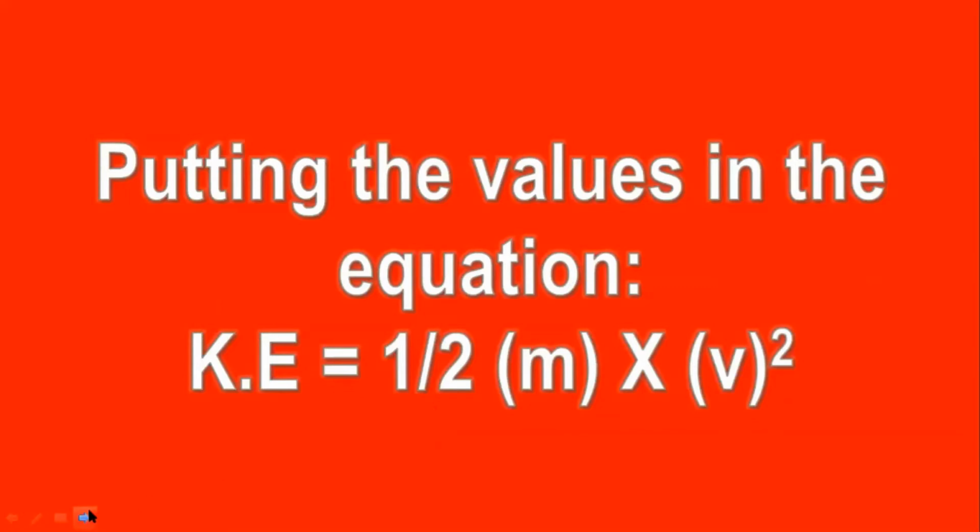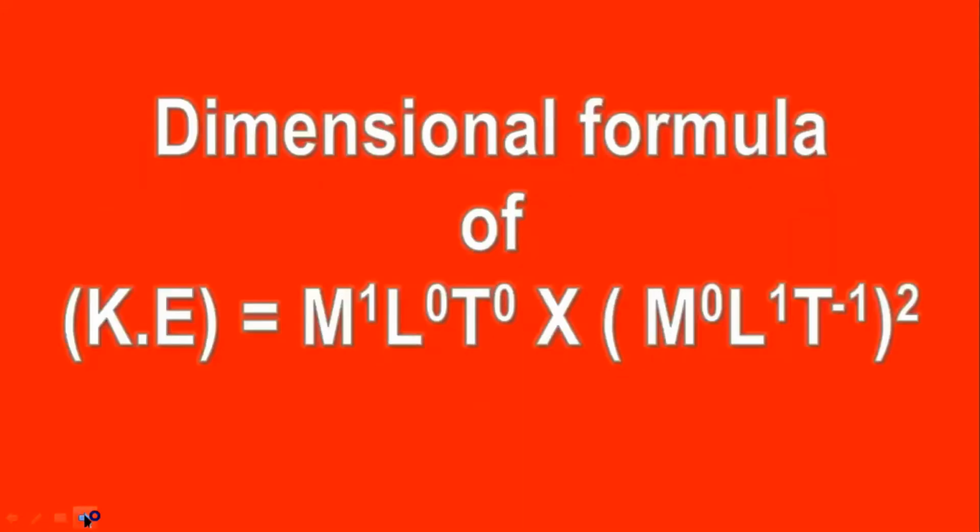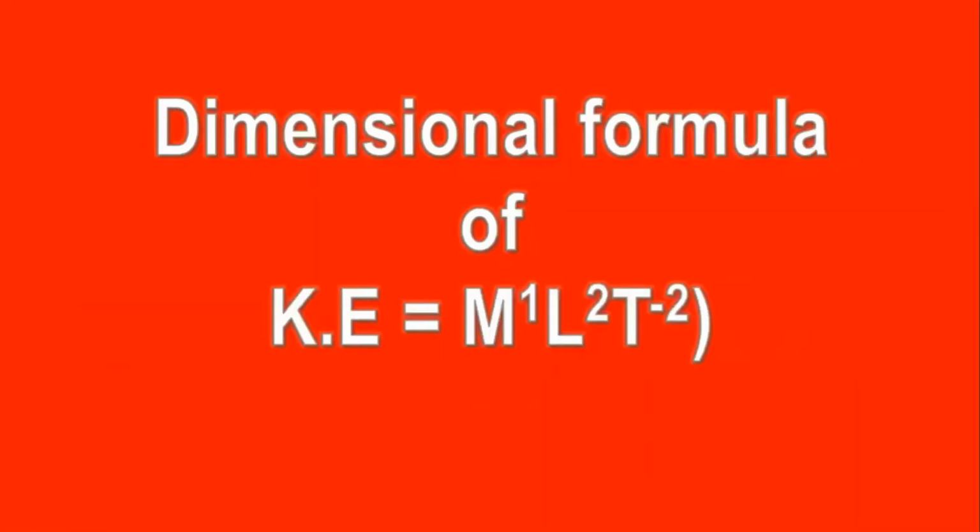But when we are writing the dimensional formula, this is the formula in mathematical form. After getting the dimension of each and everything, we end over here. So this is the dimensional formula of kinetic energy, that is M L square T minus 2. Where is 1/2?